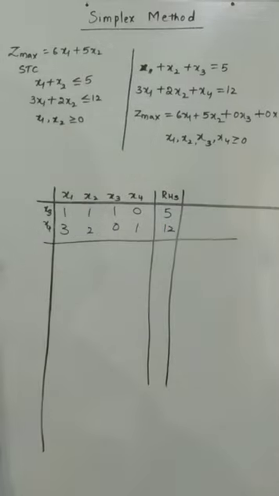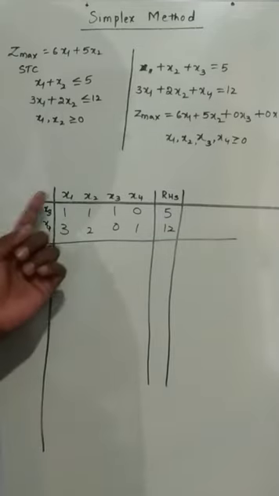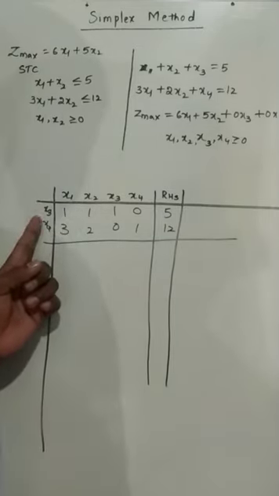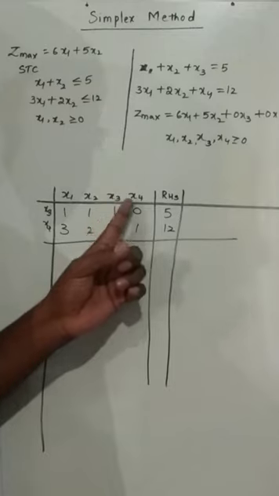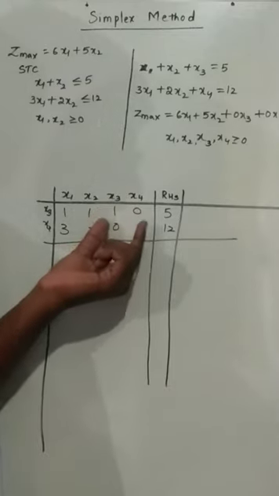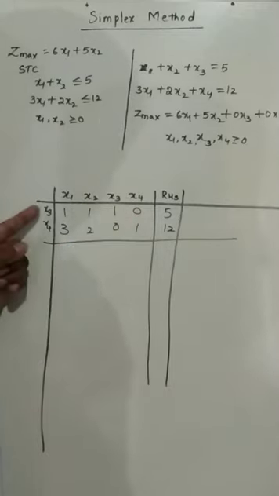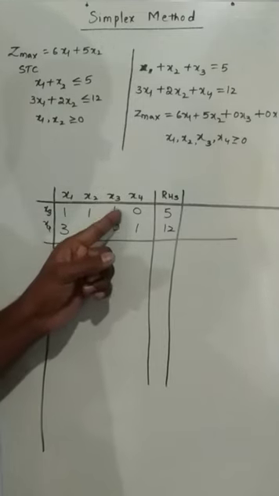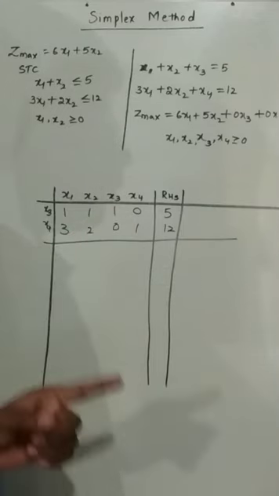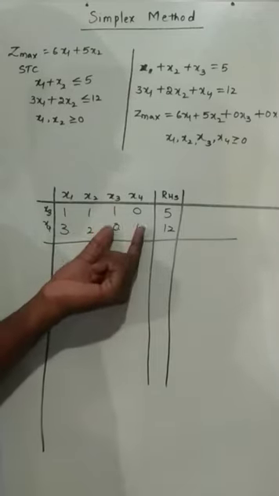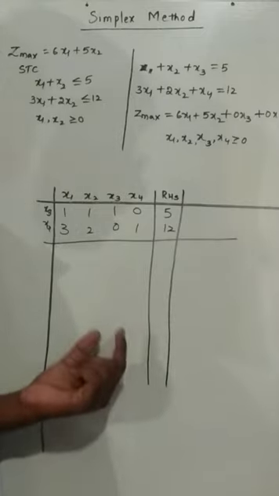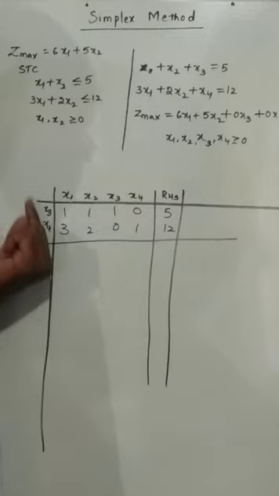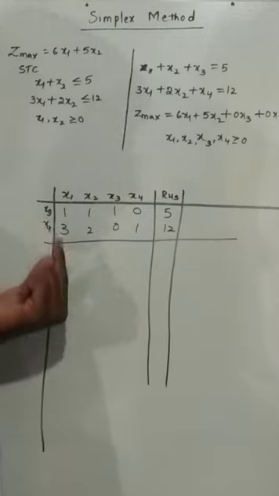After writing this, you have to remember that the basic variables you chose must maintain the identity matrix. In this case x3 and x4 are the basic variables, so for these basic variables inside the table we have 1, 0 and 0, 1. This identity matrix has to be maintained in each and every iteration, based on which variable you make a basic variable.